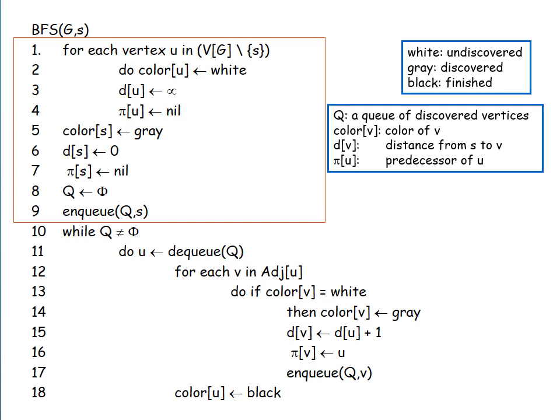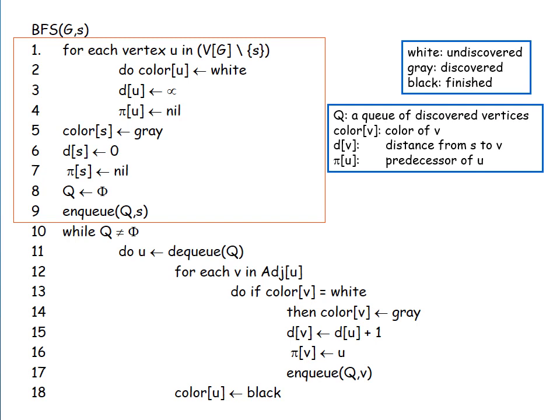If it's not empty, we take the front element of the queue off, and we look at all of its adjacent elements. Only if the adjacent element is undiscovered, that is to say, if its color is white.